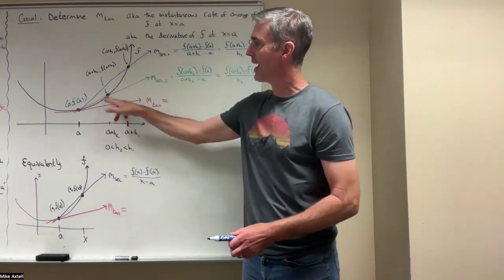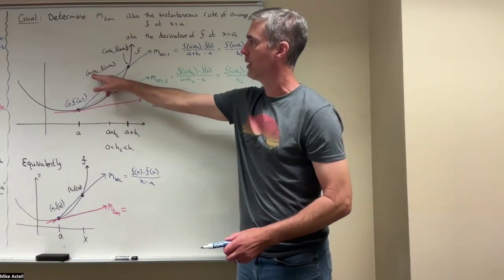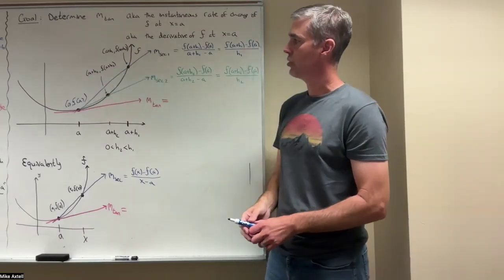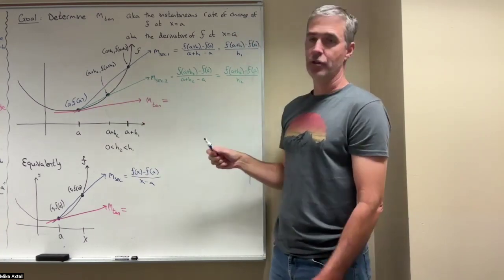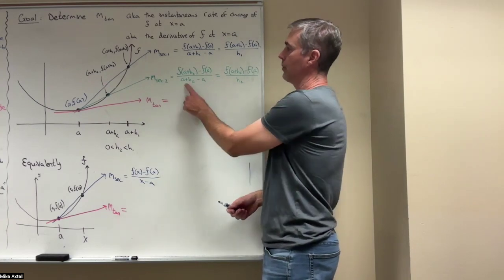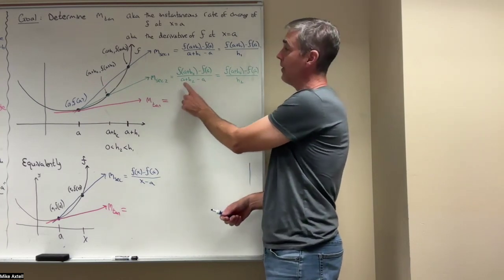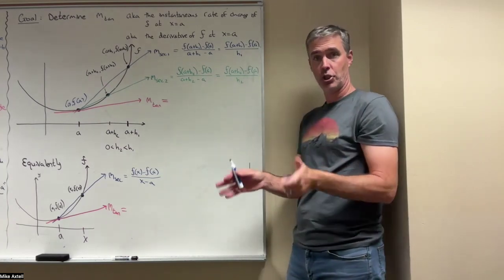So I could pick a second point on my graph closer to my initial point. Let me call that point (a plus h2, f of a plus h2). I can connect those two with a secant line and then do my slope calculation again. So f of a plus h2 minus f of a all over a plus h2 minus a. And again, the a's cancel each other out, so the denominator simplifies to just h2.